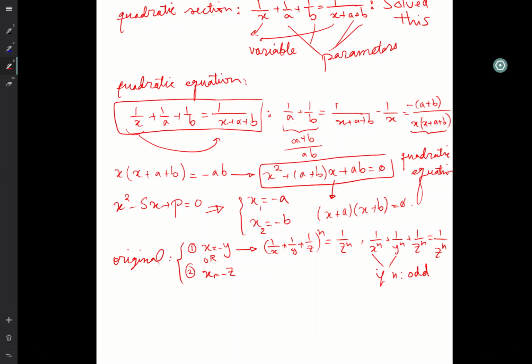Because if n is odd, 1 over y to the n is minus 1 over x to the n, okay? The same situation here.